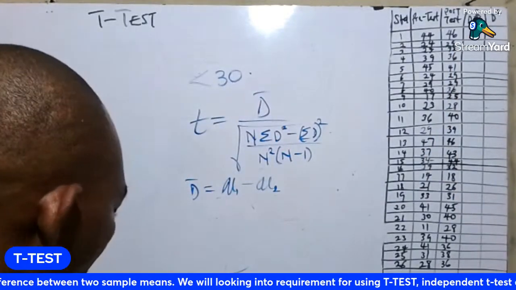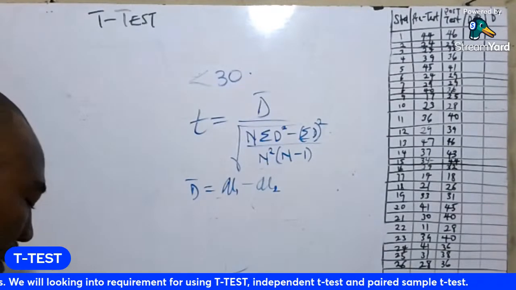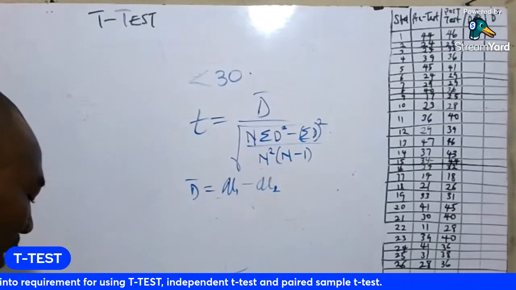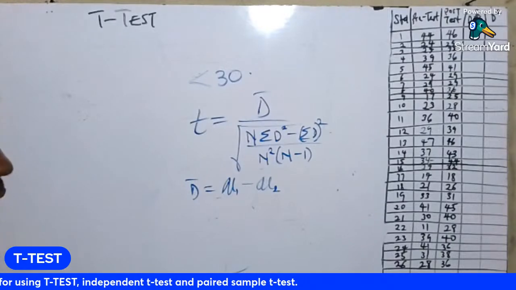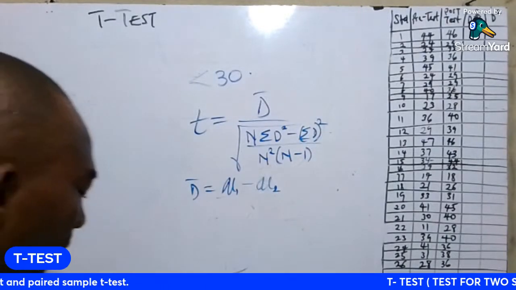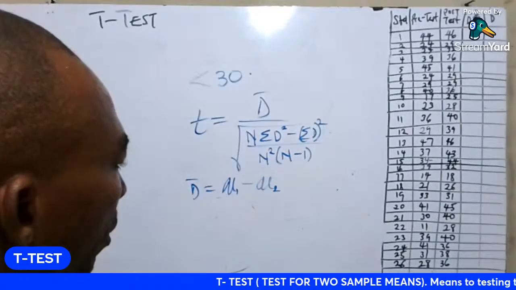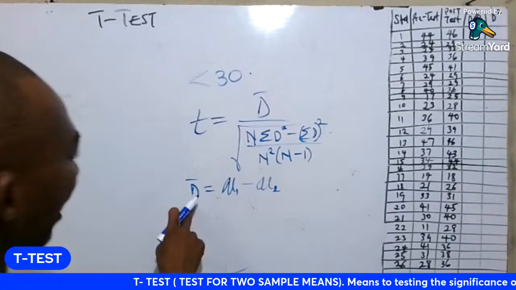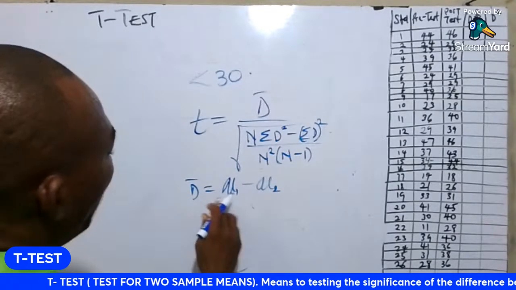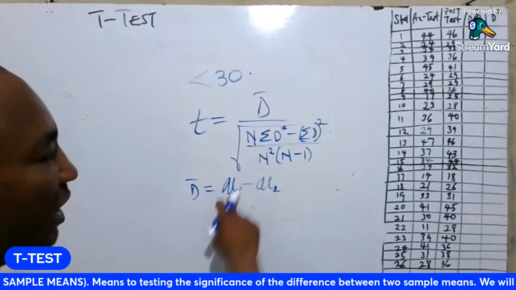So what other things do we have there? We now have the D itself. Now you see summation D. So what does that D mean? The D means the difference between the pre-test and the post-test.